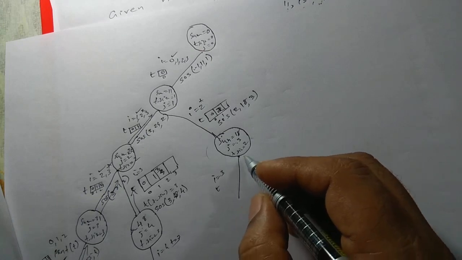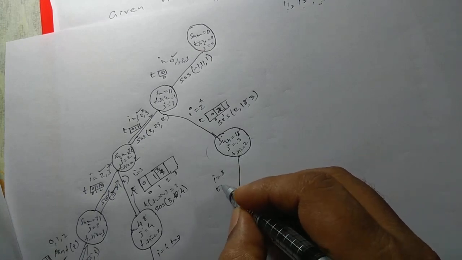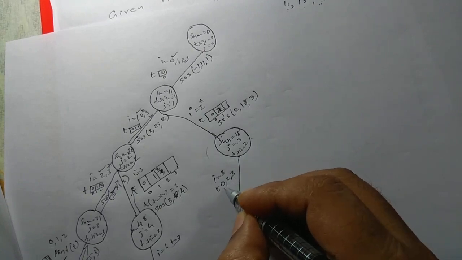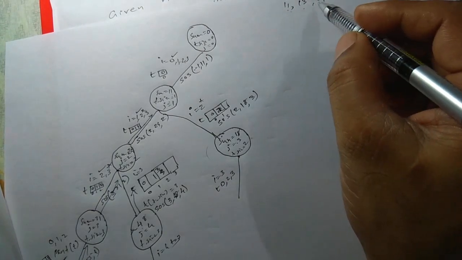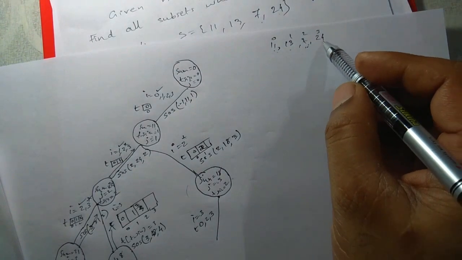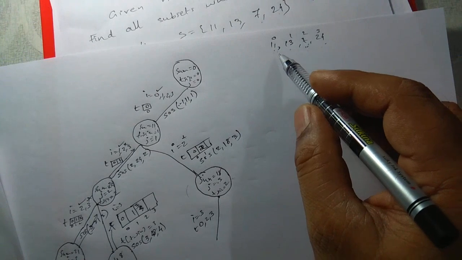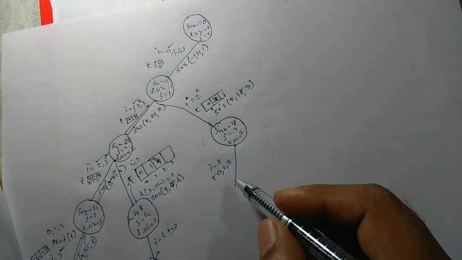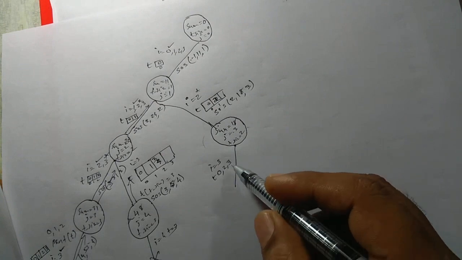What is i? I is 3. So t has become 0 2 3. It has considered the third element. The element with index 3 is 24. So it is considering 11, 7 and 24.